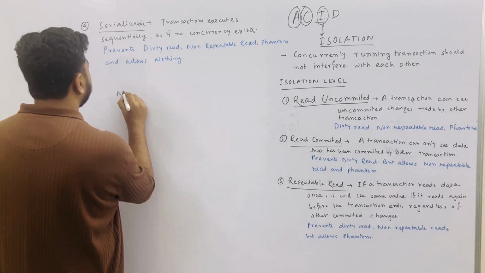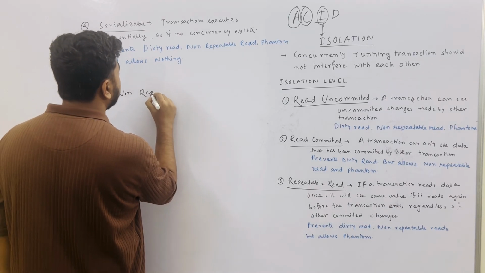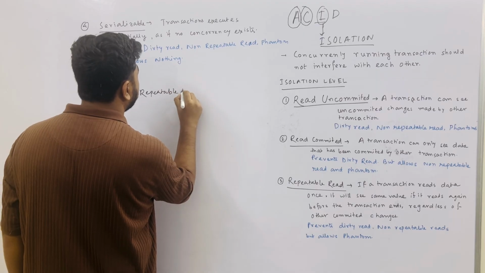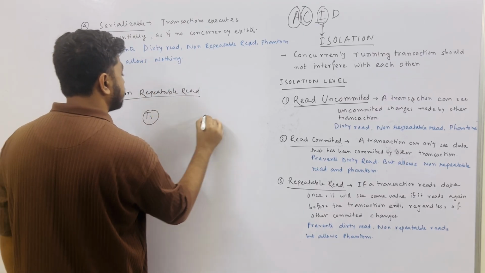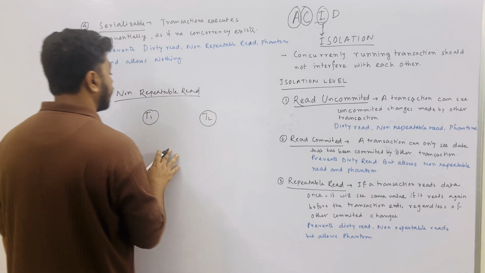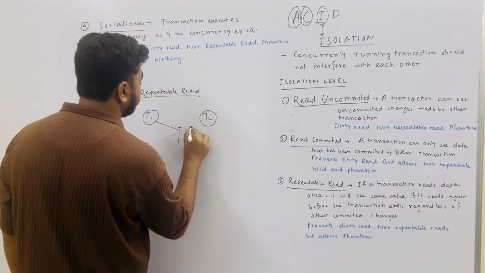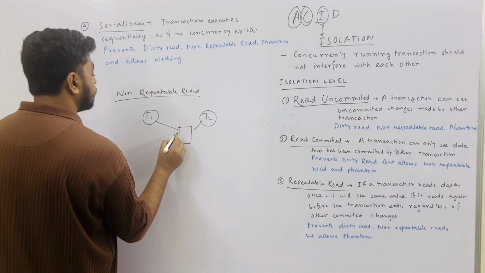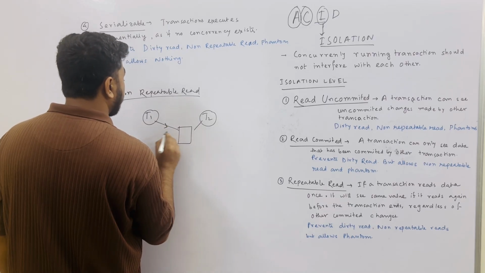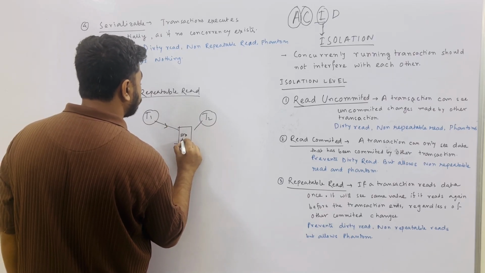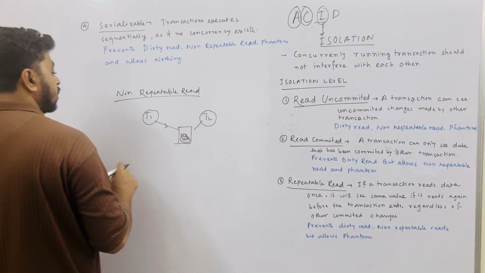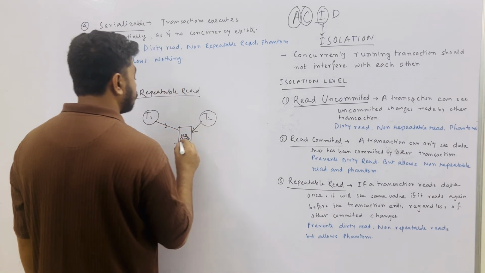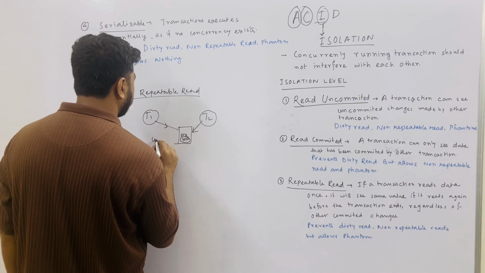Another is the non-repeatable read. What is a non-repeatable read? Suppose the same two transactions are running concurrently, and they are updating some data. Suppose transaction 1 updates the balance from 5,000 to 4,000 and commits.